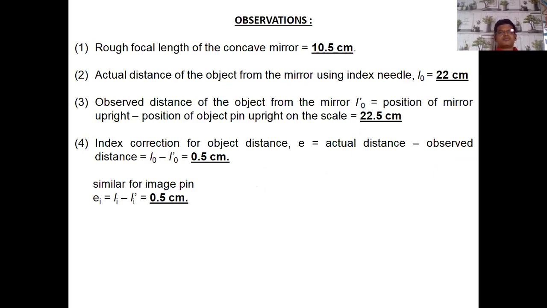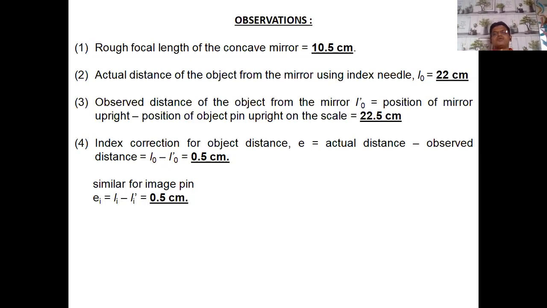But first we discuss what the focal length is. Friends, in the concave mirror, first we must have the value of the center of curvature, because of the round shape of the concave mirror. The distance from the center point to the surface is the value capital R, and half of this is the focal length. So first we find the value of the center of curvature.